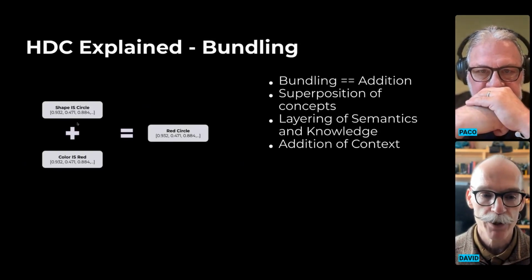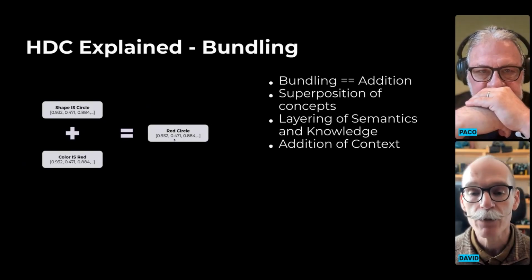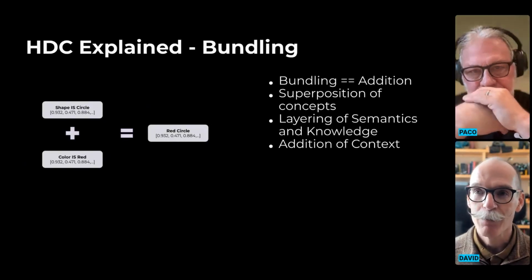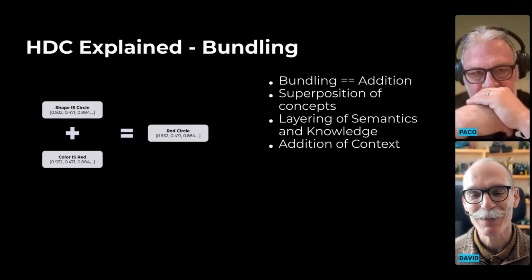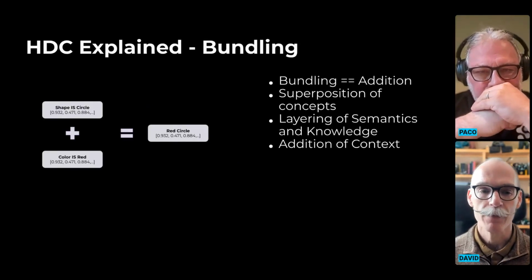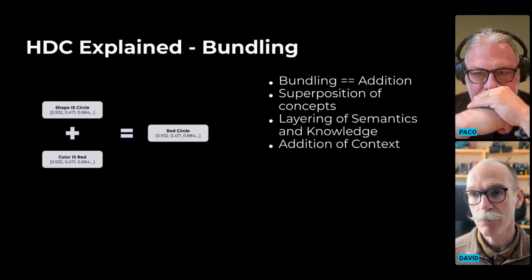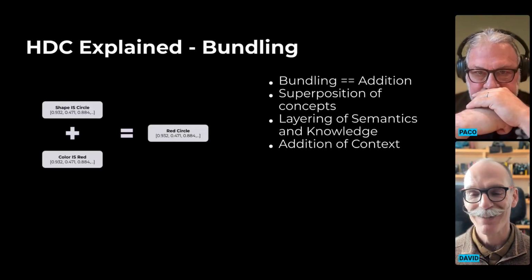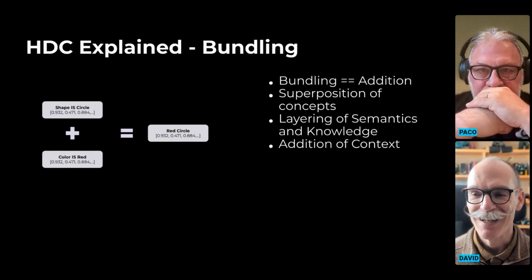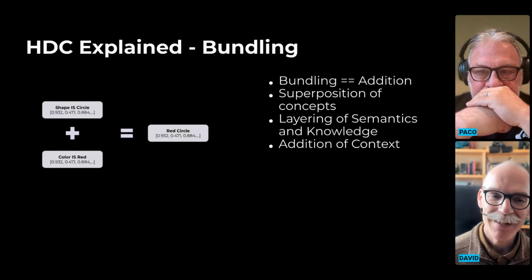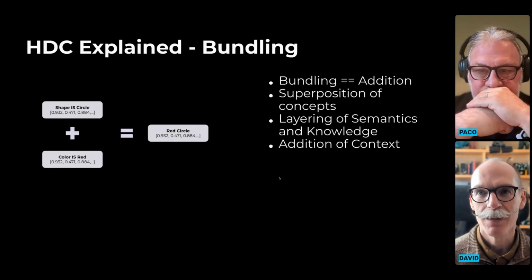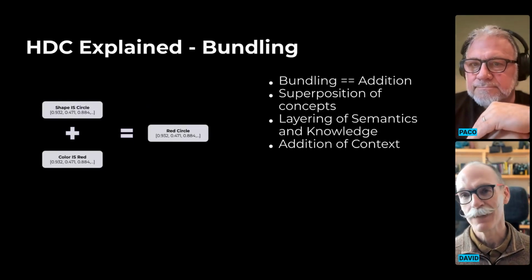We can superpose or add them, and we get a new single hypervector, but now we've encoded the concept of red circle, because we had shape is circle, color is red, superposed them, and now in a single hypervector we have that red circle. So to me, having these kinds of operations, I found just really exciting.